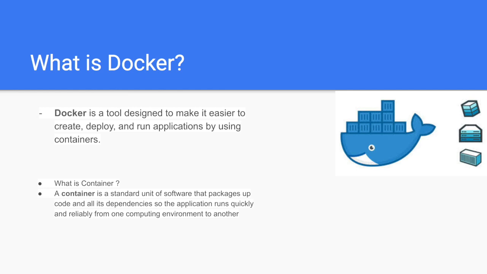To answer this, the container. It's a kind of sandbox where you run a single process, and in order to run a single process, you need the network namespace and the process namespace and the file system namespace and everything. So all that necessity will be provided by this container where you will run your application.